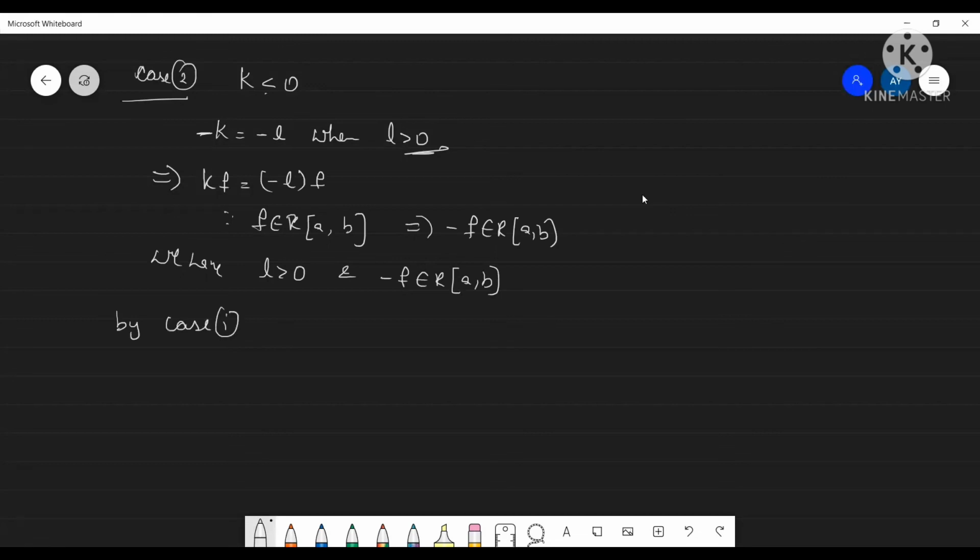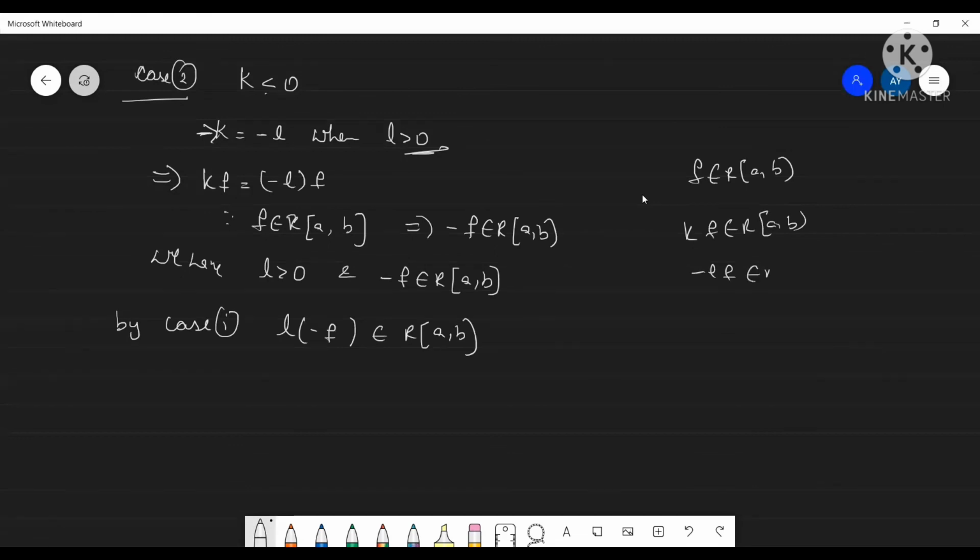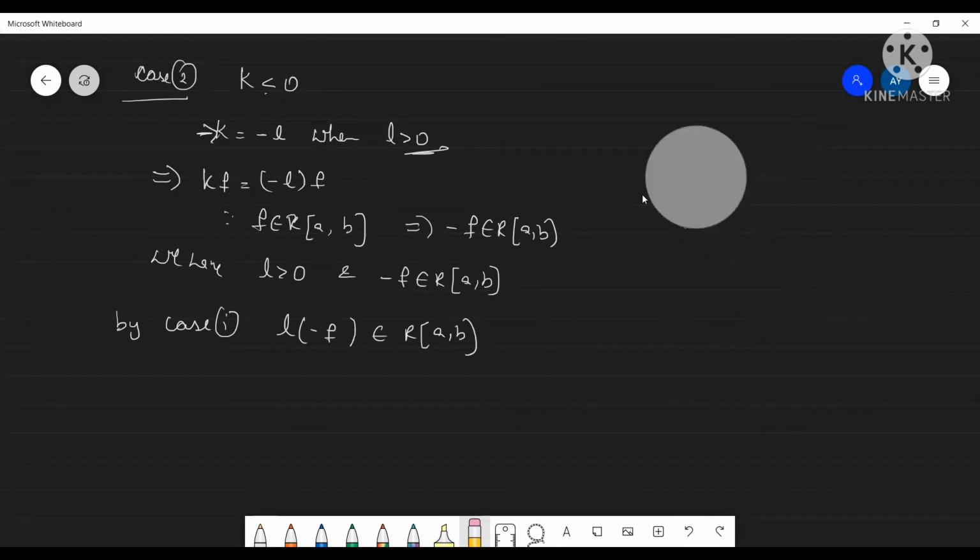By case 1, L into minus f belongs to R over a, b. That is, if f belongs to R over a, b, kf also belongs to R over a, b. But here k is minus L, so minus L into f also belongs to R over a, b. So minus L into minus f belongs to R over a, b, and L into f, that is k into f, belongs to R over a, b.